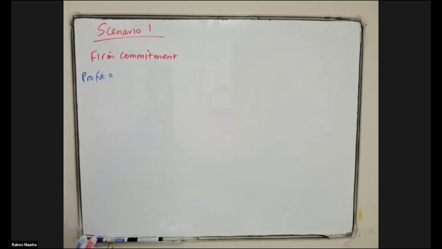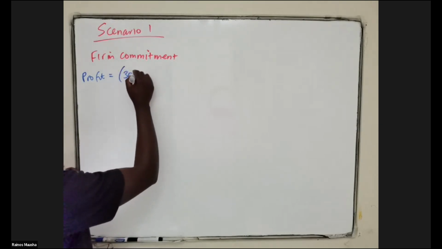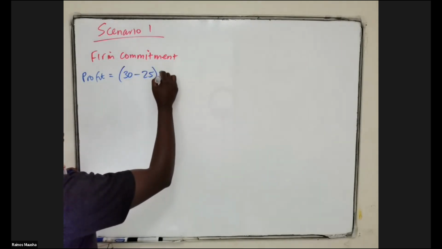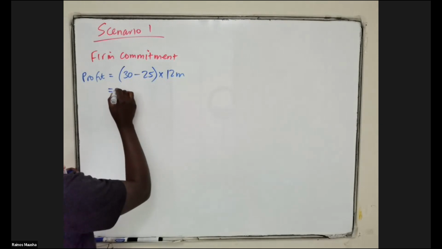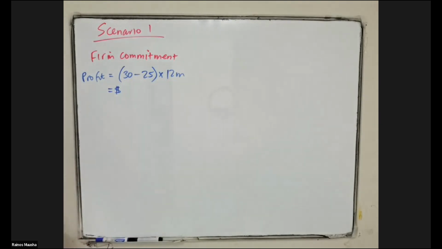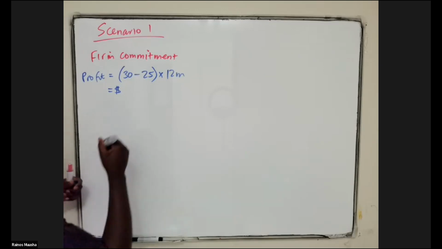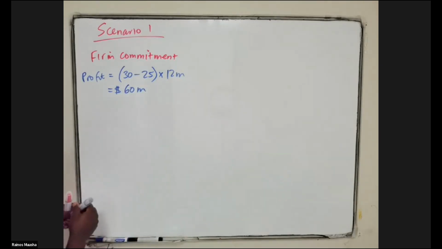With the firm commitment arrangement, we are committing to buy these shares at $25 per share, and we are dealing with 12 million shares. So the anticipated profit is $30 minus $25 multiplied by 12 million shares. How much profit would we be anticipating? 60 million. Yes, 60 million. So we'll be anticipating a profit of 60 million.